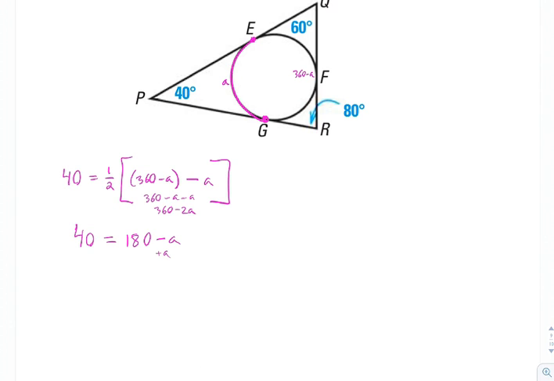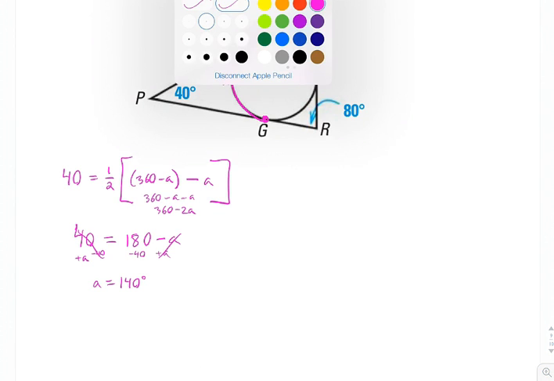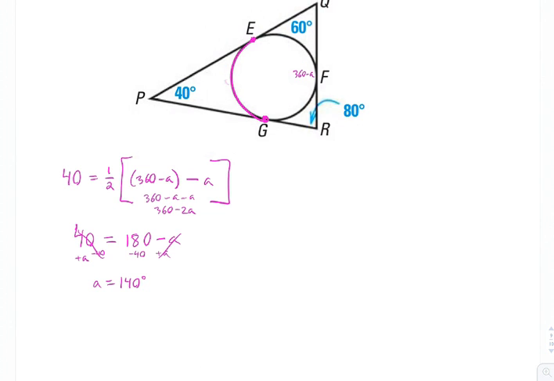So adding the a to both sides, subtracting the 40 from both sides, I get that a equals 140 degrees. Okay, so just erasing this really quick, I get that this is 140 degrees.